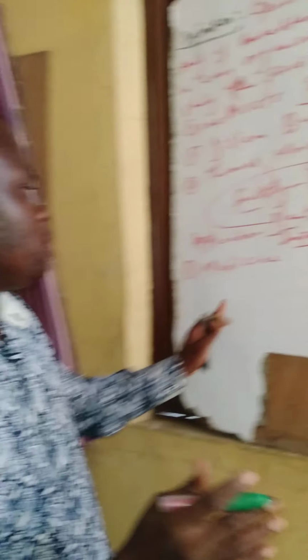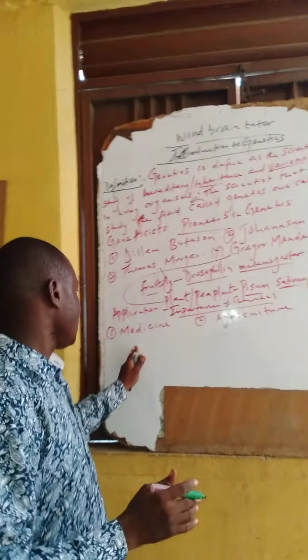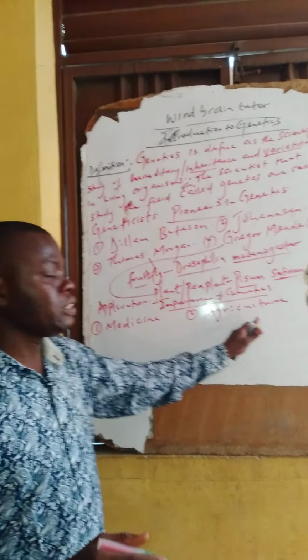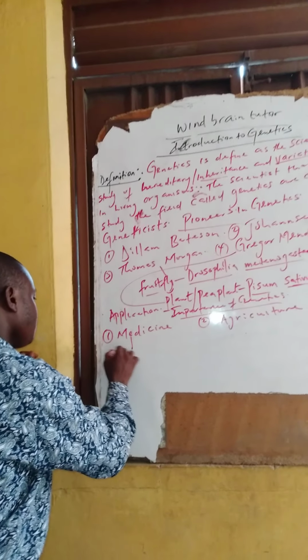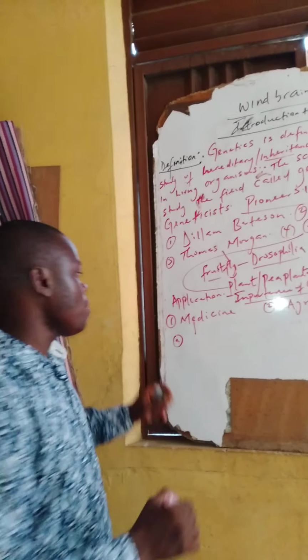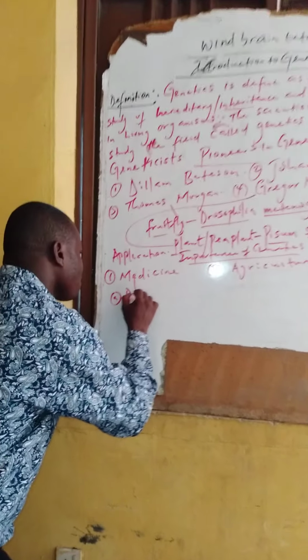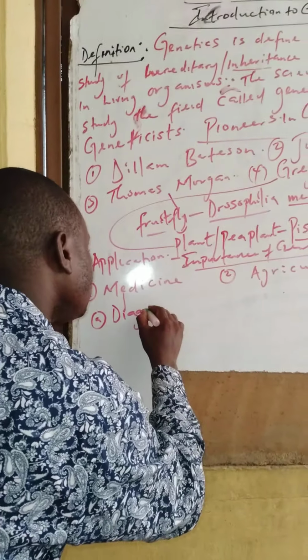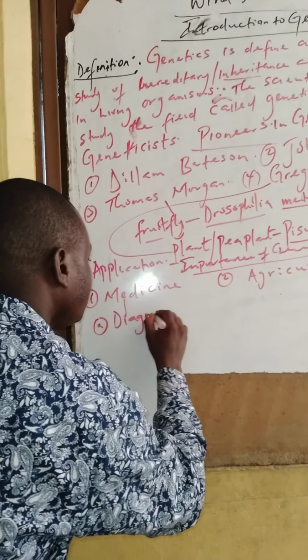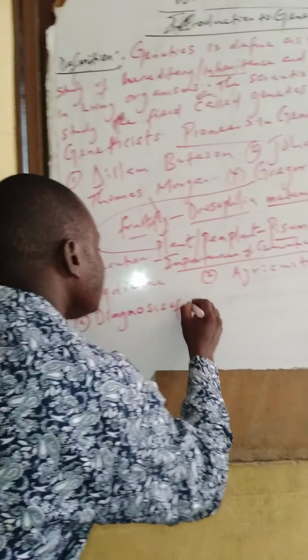So genetics is important in these two areas of our life. It is important in medicine, it is important in agriculture. Now, how is it important in medicine? Number one, it can be used in the diagnosis of disease.